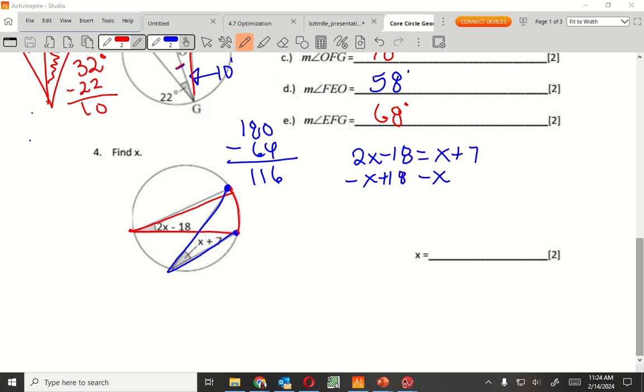On the left-hand side, I just get 1x. Negative 18, positive 18, that goes away. On the right, negative x minus x also goes away. And then I have my plus 7 and plus 18. So x is 25.